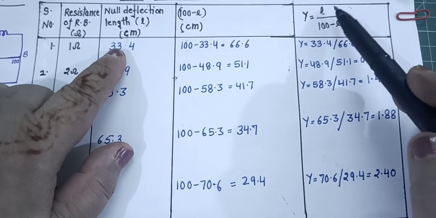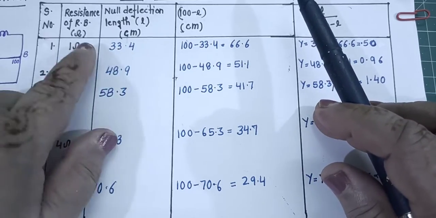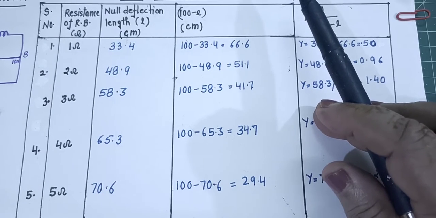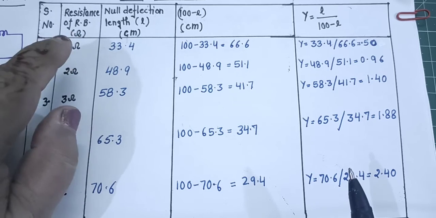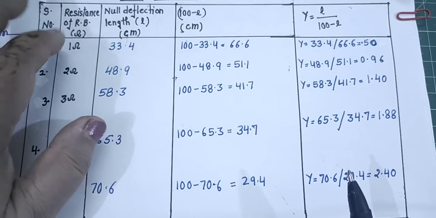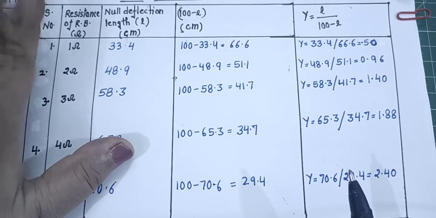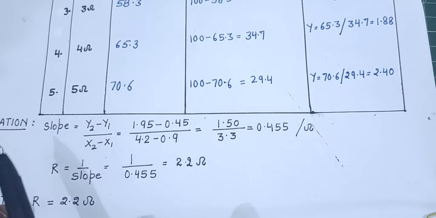Unit, no unit, but all the columns where the quantity has unit, that unit is mentioned. 1 ohm, 2 ohm, 3 ohm, they do not have 1.0 type of representation, because they are either 1 ohm or 2 ohm or 3 ohm in the resistance box. So least count of the resistance box is 1 ohm in fact, right? Then slope is calculated using the graph.